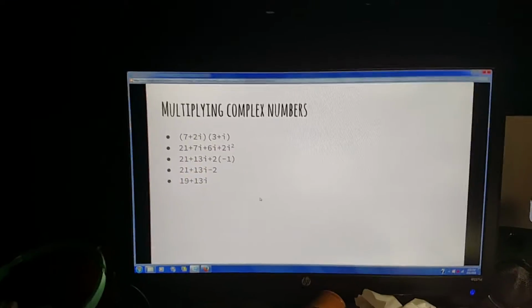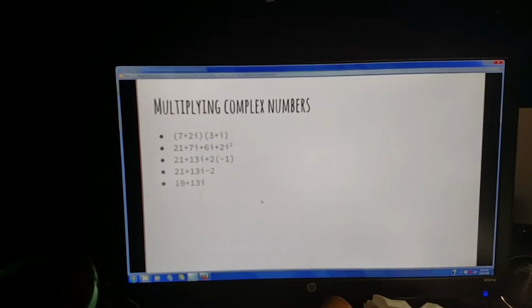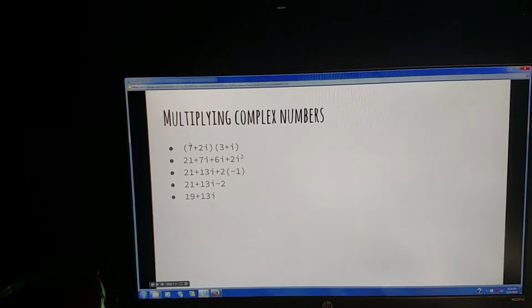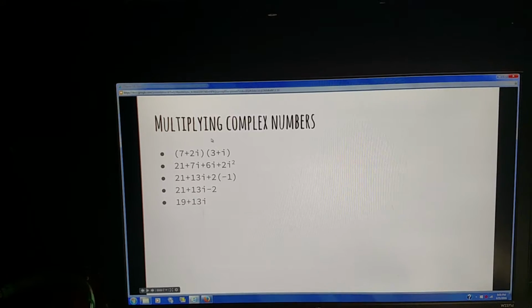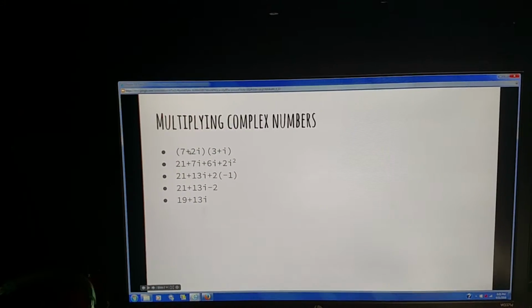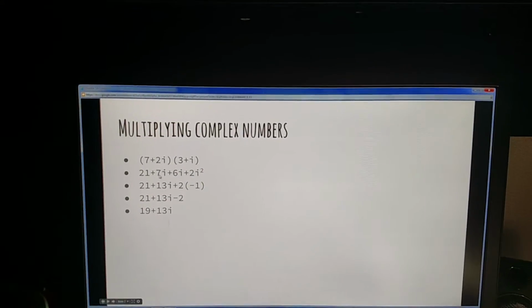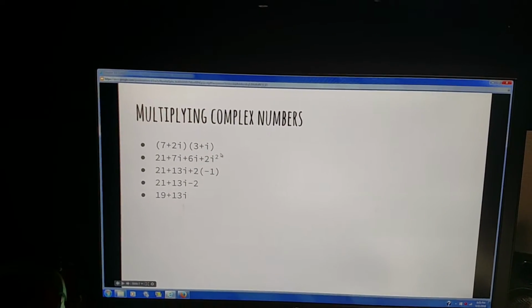Let's see, multiplying complex numbers. Now this one we have to distribute. We have to do 7 times 3, then 7 times i, then 2i times 3, and 2i times i itself. We get 21 plus 7i plus 6i plus 2i squared.